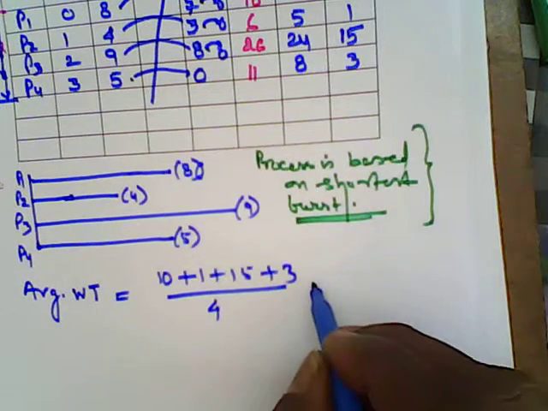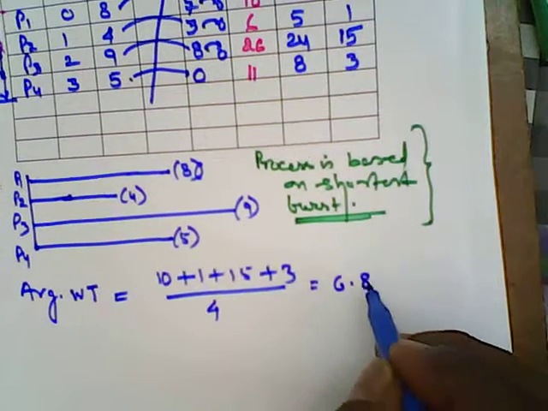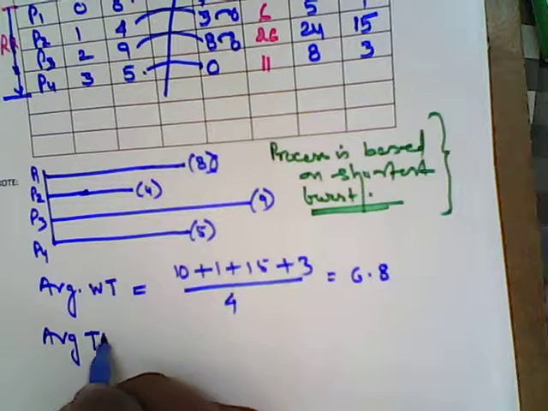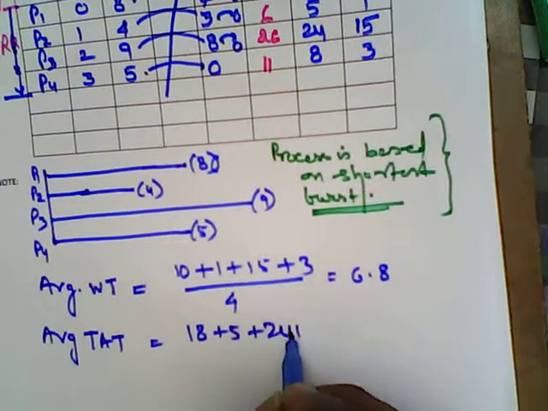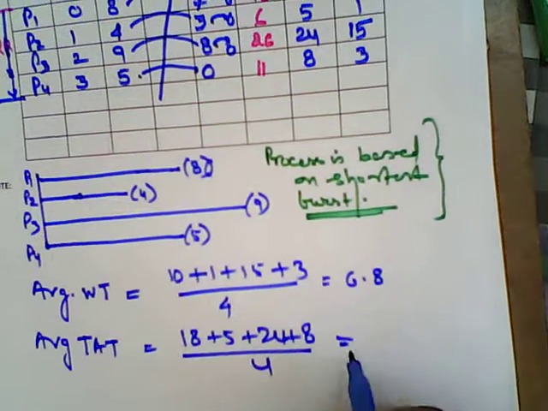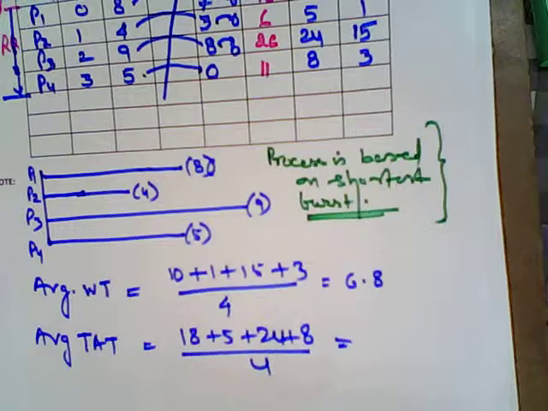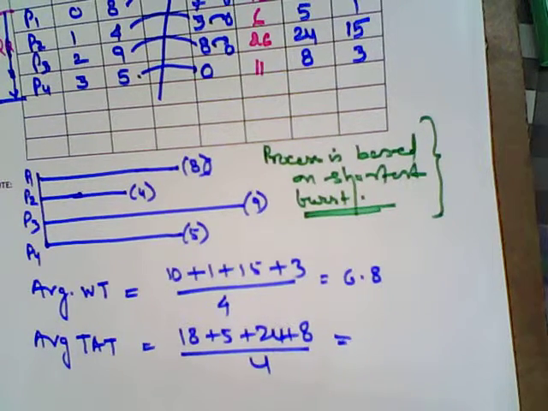And average turnaround time is nothing but 18 plus 5 plus 24 plus 8 divided by 4. So this is coming around: 18 plus 5, 23, and plus 24 is coming as 47, plus 8 is coming as around 55, divided by 4, it is coming as around 11.2.